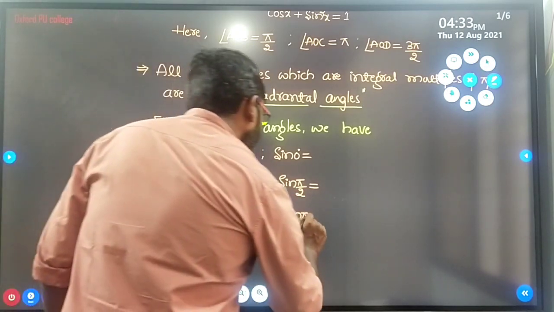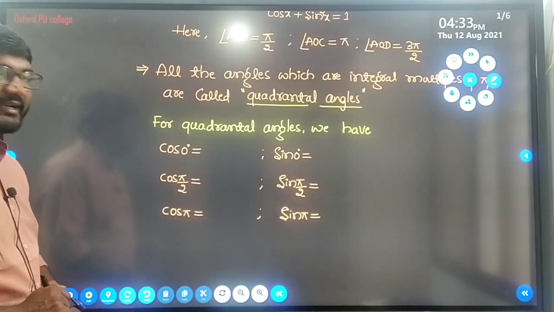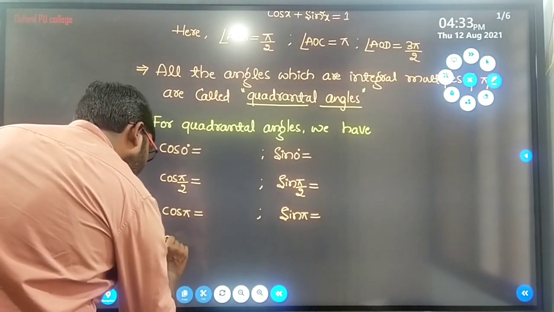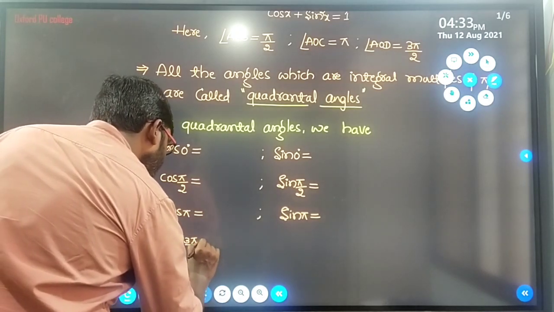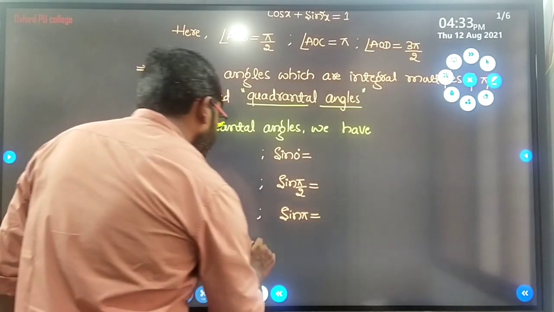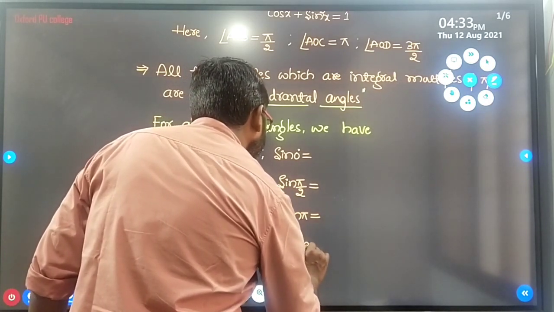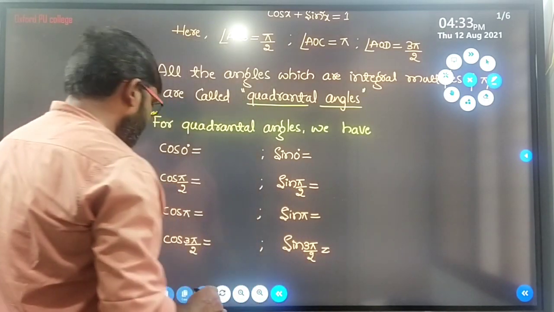Then what is the next angle? It will be cos 3 pi by 2 and sin 3 pi by 2. Cos 3 pi by 2, and then here I'll be writing sin 3 pi by 2. So what is the next angle now?